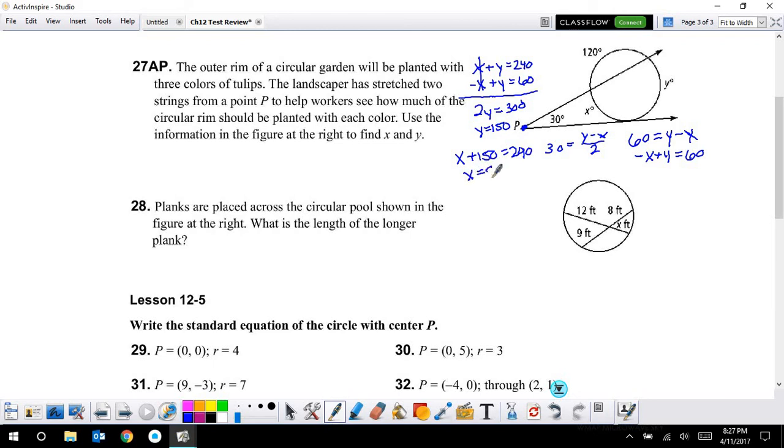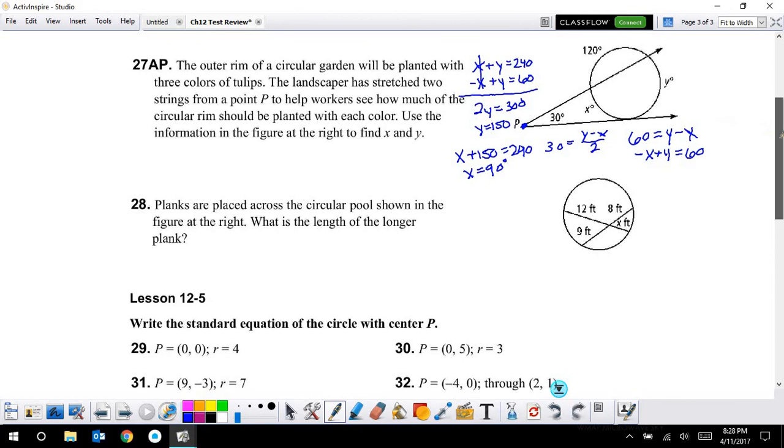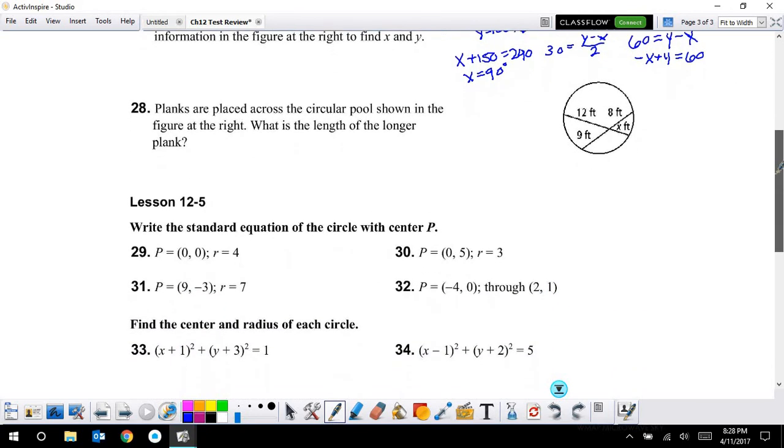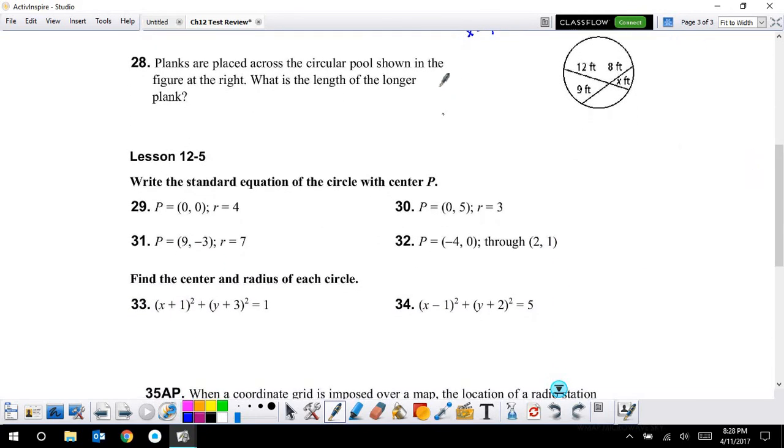So x is going to be 90 degrees. Okay, so hopefully that one wasn't too bad, but it was just systems of equations. So x was 90, y was 150. So for the CB folks, you can go ahead and join us back here.